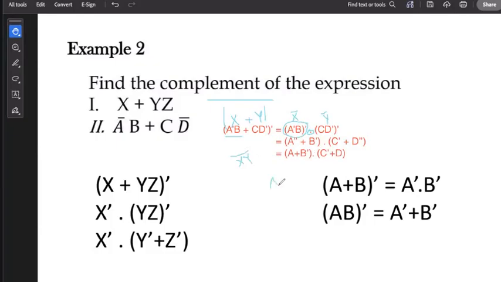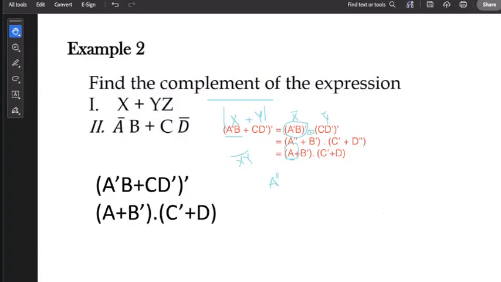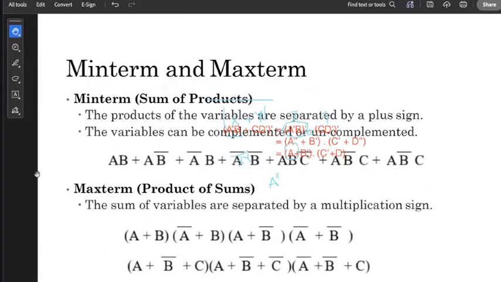And since there is already a bar for A and we use another complement, it becomes a double bar, which finally results in A, right? So this is how we find the complement of any expression, making use of the Boolean algebraic laws, right? So this is how we work.